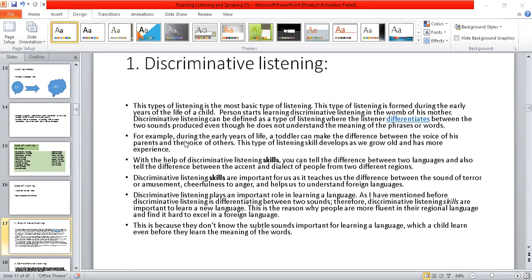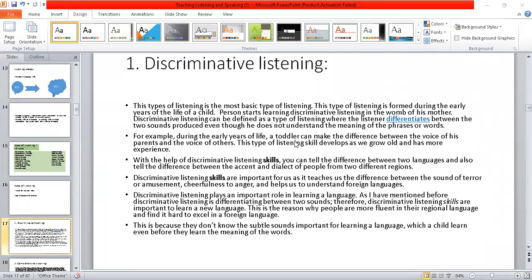Then you go to the next one and say what important points you can find in the discriminative listening slide. But this discriminative listening comes as a part of the main circle, because in the main circle you have 18 types of listening.